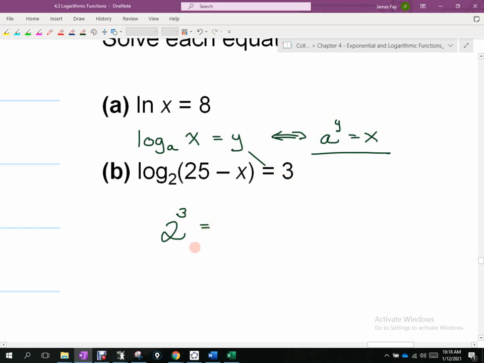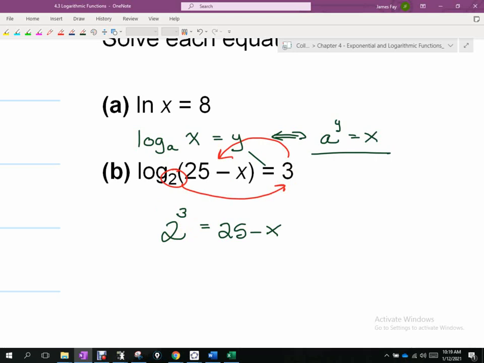So 3 should be there. And now on the right-hand side is x, which in this problem is 25 minus x. Now, you can do it that way, and I do it that way sometimes. I prefer, since I've done it long enough, to take 2, raise it to the third, and come back to my argument. That's kind of that picture we've been dealing with in evaluating logarithms. Okay?